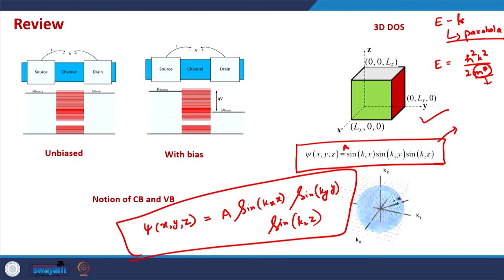The effect of all the lattice points is now captured by the effective mass. Okay.